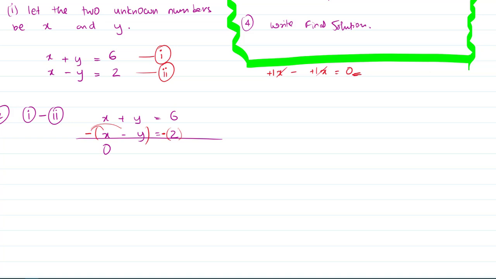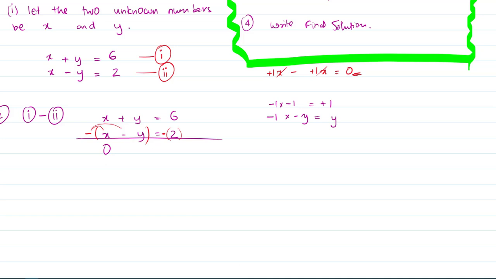And now if I subtract y, a negative times a negative becomes positive, right? Take this as a negative 1 times a negative 1, which will give you a positive 1. So if you have a negative 1 multiplying with a negative y, you're going to have a positive y.